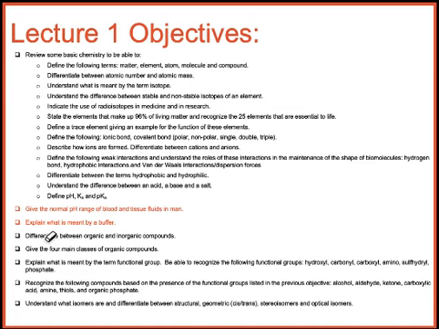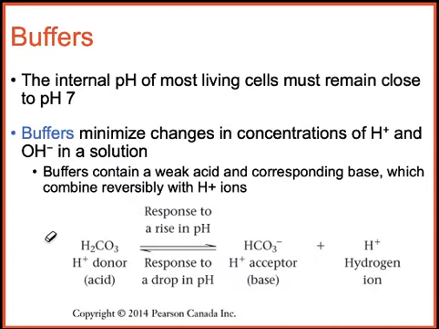Now, let's give the normal pH range of blood. The internal pH of most living cells must remain very close to a pH of 7. If not, it's not good. How does it do that if we're exposed to all these acids and bases all the time? Buffers are the answer.